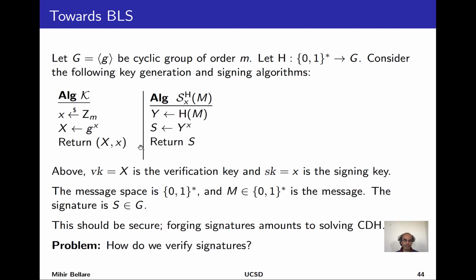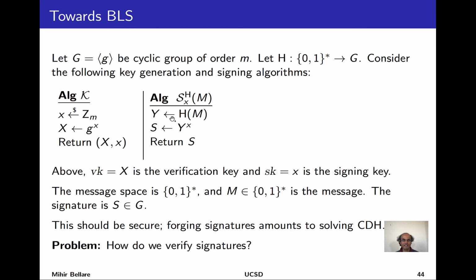Okay, now why is this attractive or interesting? Because just looking at it, I have a good sense that this works, in the sense that I would expect this to be secure. Why is that? Because creating these signatures without knowing the secret key is effectively solving the CDH problem. It's solving the CDH problem on inputs big X, which is g to the x, and h of m.